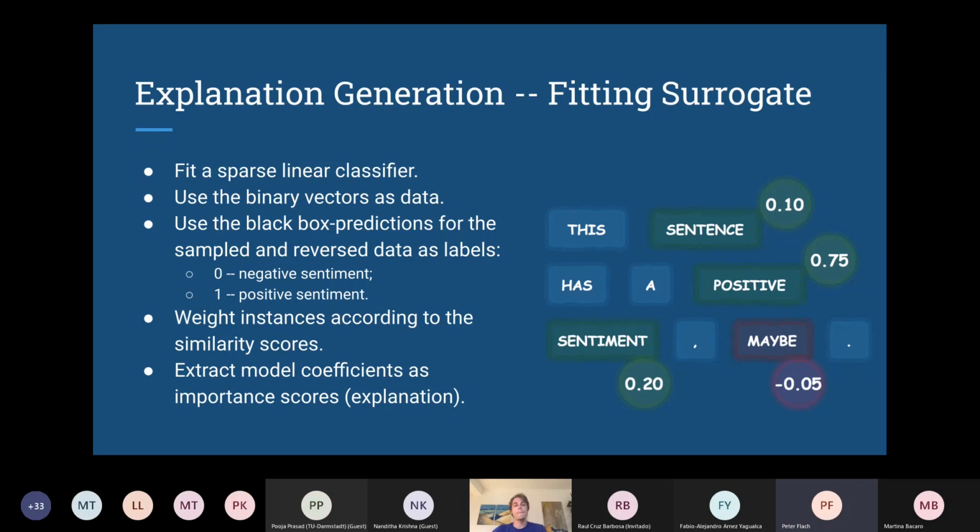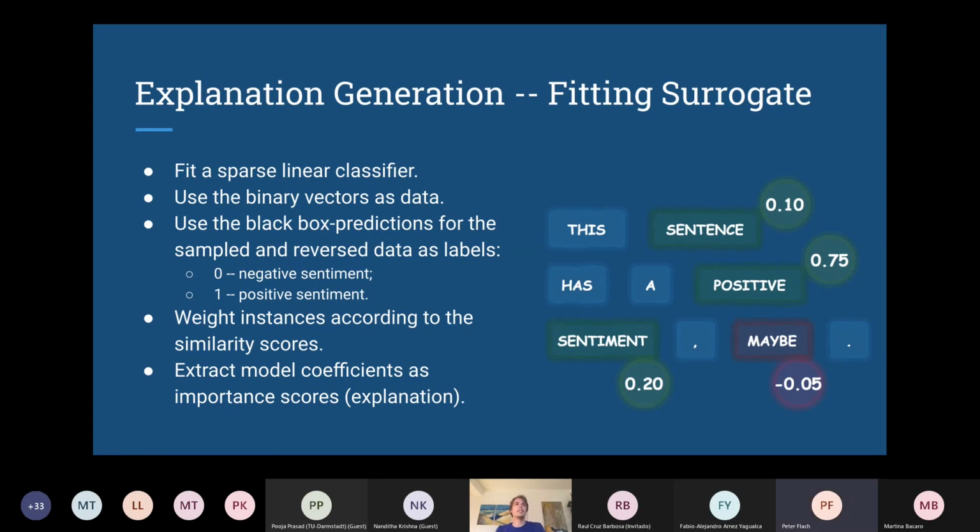Casper, can I just pause you there and sort of can you tell us, so for instance, positive and 0.75, what exactly does that mean? This means that adding a word positive to this sentence moved, so you could imagine possibly that you start with 0 and then adding the word positive to your sentence would move the explanation very much to the positive side, whereas adding the word maybe would move it a bit to the negative side.